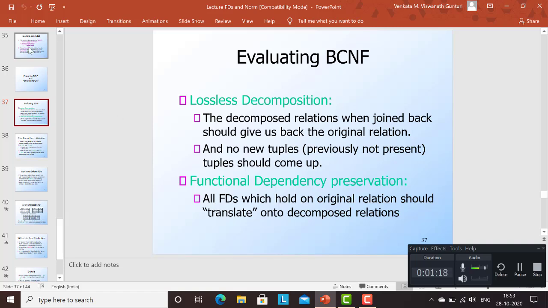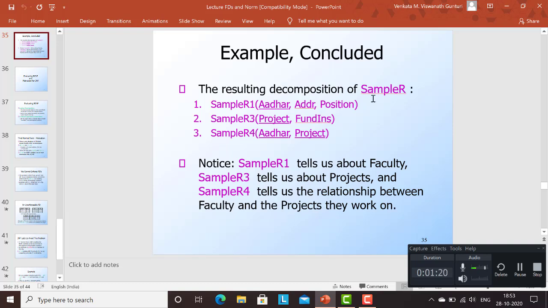So even if you go back a couple of slides, when we decomposed our sample R into these three, then the requirement of lossless decomposition is that when we join these three relations back, we should get our sample R, the original relation, right?